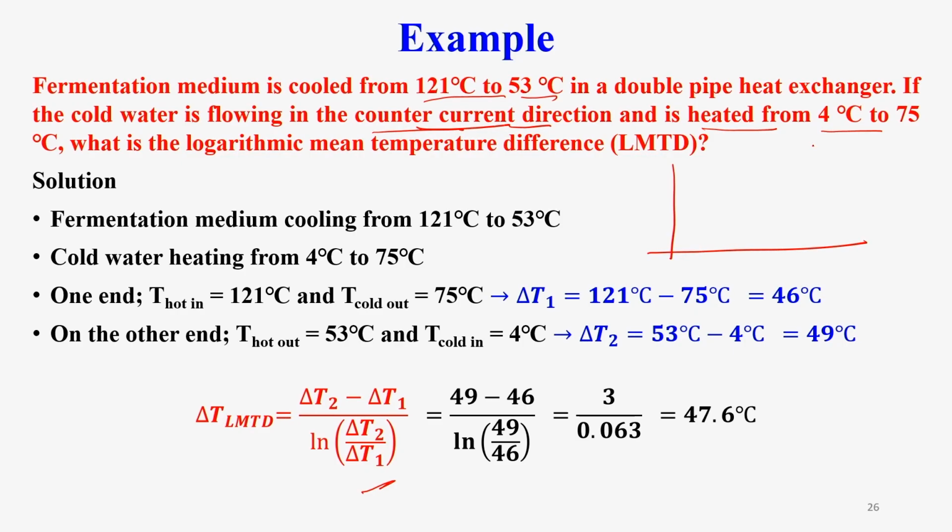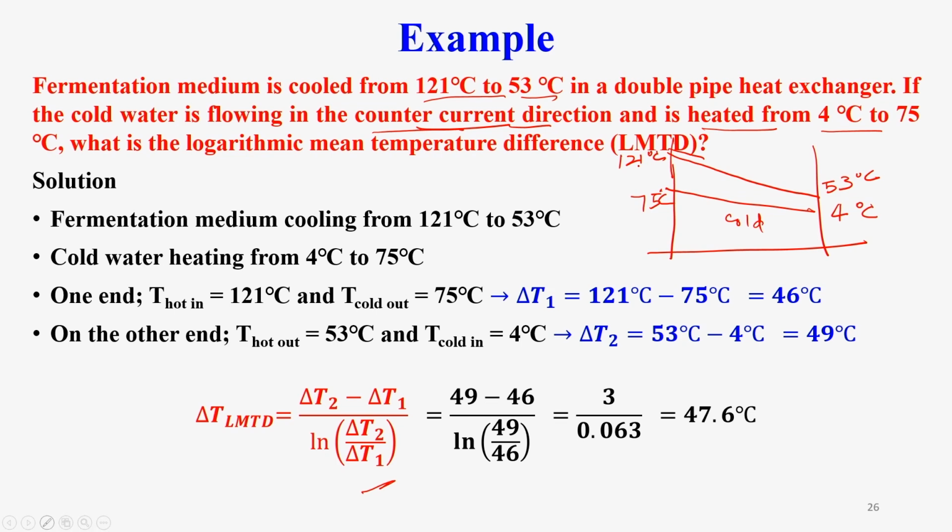So it says the cold fluid TC1 to TC2 is 4 to 75 degree C, and the hot fluid is cooled from 121 to 53. So this is 53 degree centigrade, this is 121 degree centigrade.